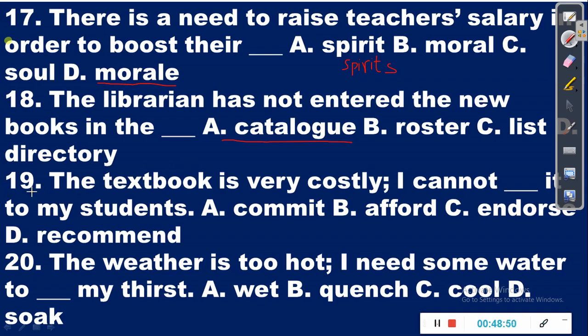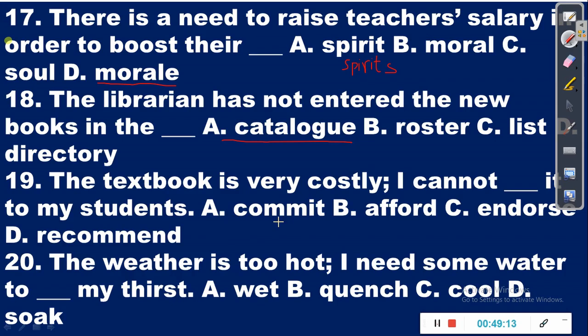All right, so now question 19. The textbook is very costly. I cannot dash it to my students. A, commit. B, afford. C, endorse. D, recommend. Now, using the elimination method, let's begin to look at this one by one.